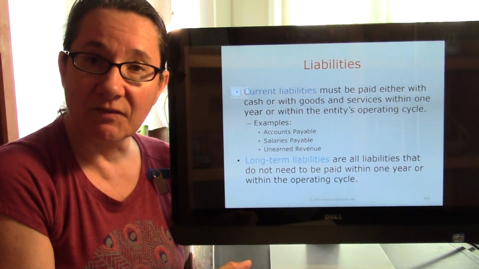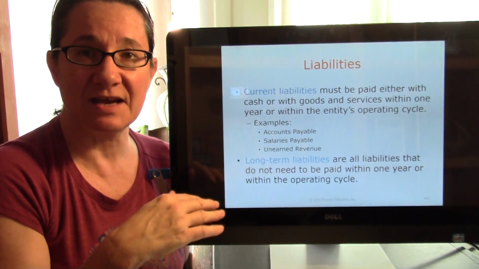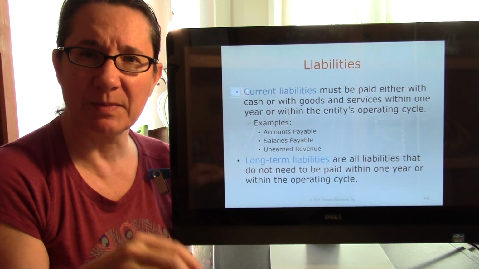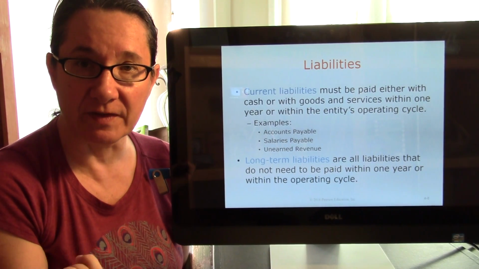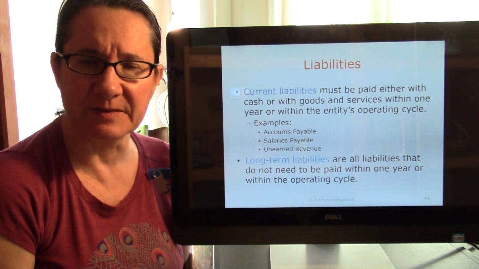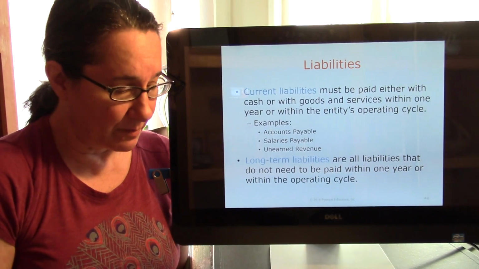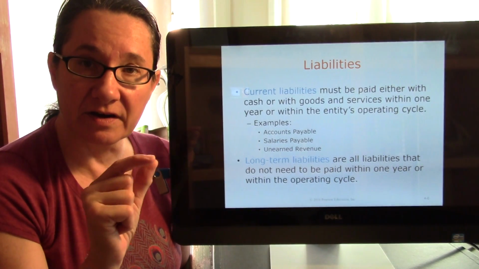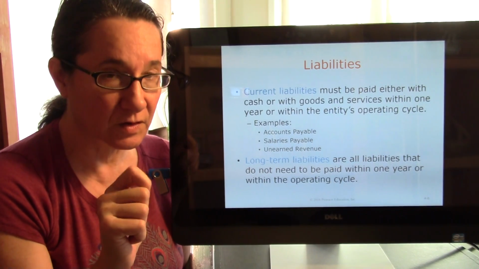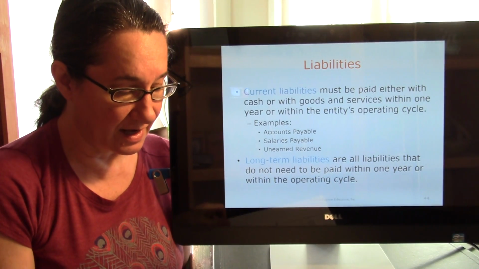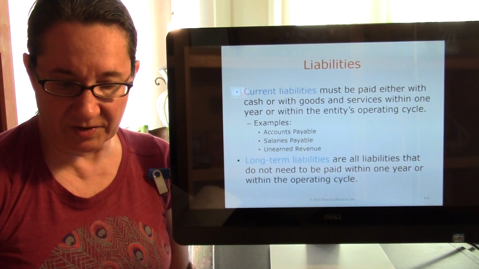They bought a building, so they have a mortgage at a bank, or they just have a note payable. They bought a bunch of furniture and signed a note payable for that, like a 5-year note or something. So liabilities get divided up, whether they're current, and that word current means within a year, or the operating cycle, and long-term, over a year.